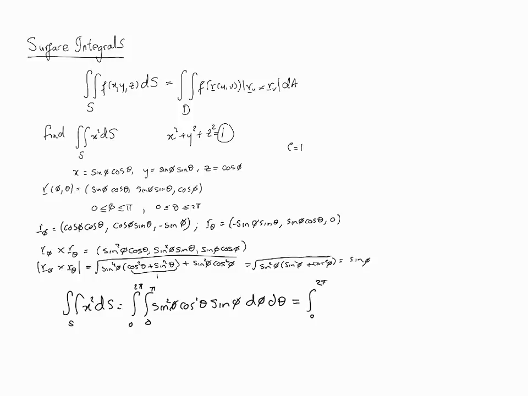since the limits are both numerical, we can actually do these two iterated integrals simultaneously, in fact. So we can separate them out. Cos squared theta d theta, from 0 to pi, and sine cubed phi d phi.